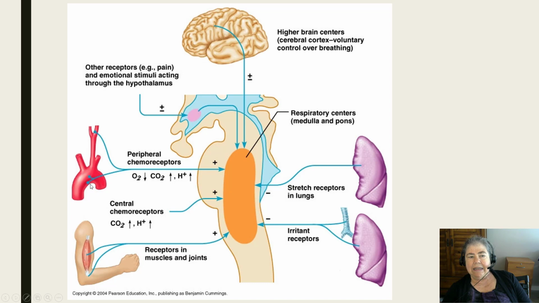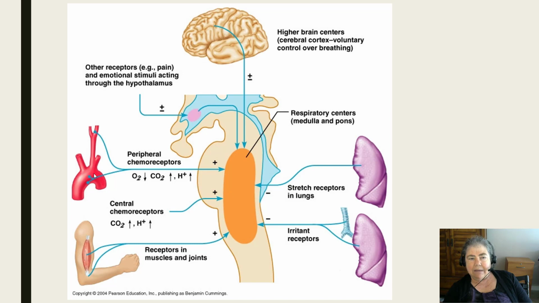One is in the aortic arch, very close to the baroreceptors that we talked about being involved in the renin angiotensin, well, in volume control, sorry, not particularly in that system, but they're involved in that system and in other systems. So, baroreceptors that detect changes in pressure are very close in the aortic arch to chemoreceptors.